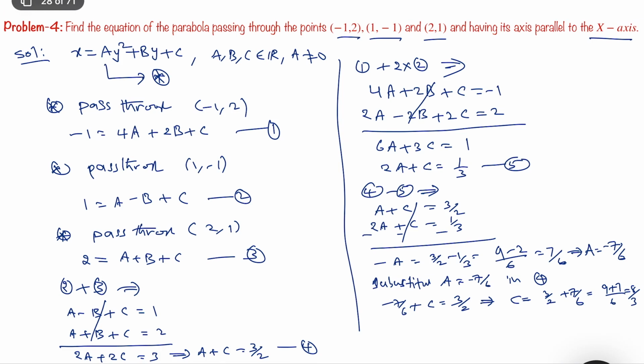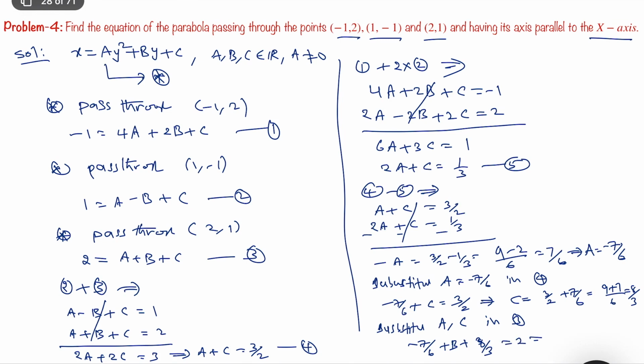Now let's plug a and c values in, let us say 3. So now substitute a and c in 3. What do you get here? The a value, we have minus 7 by 6. So we don't know b. The c value, 8 by 3, that equal to 2.